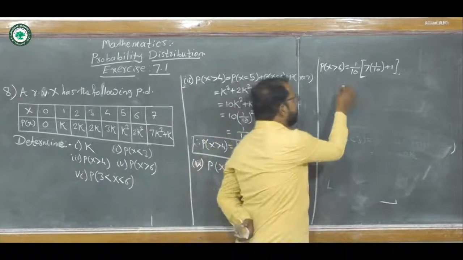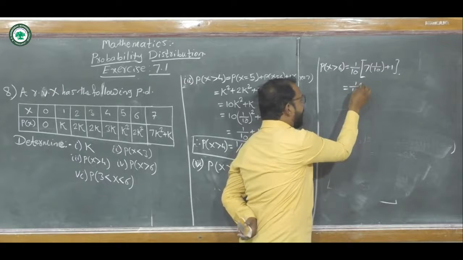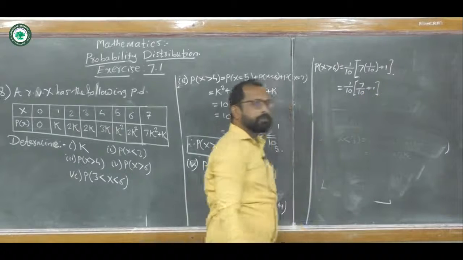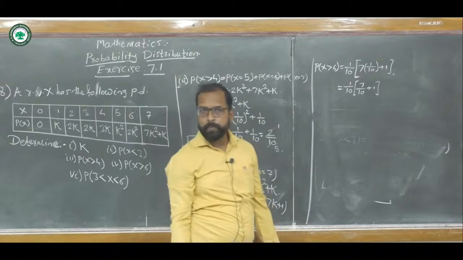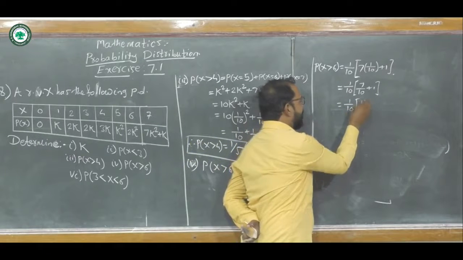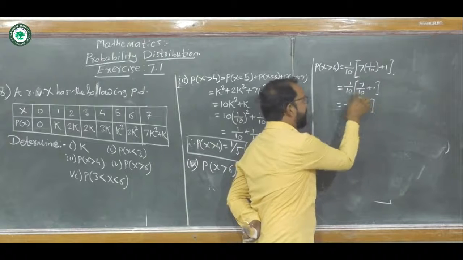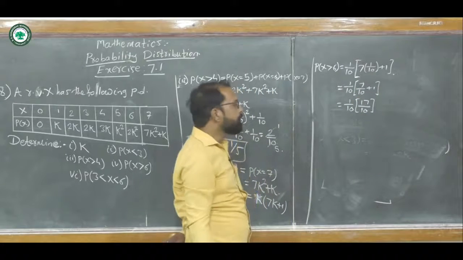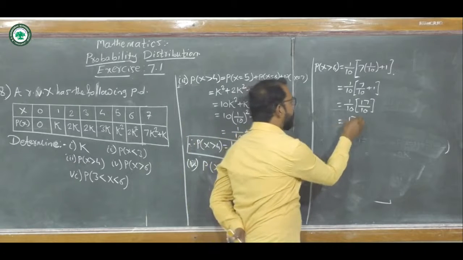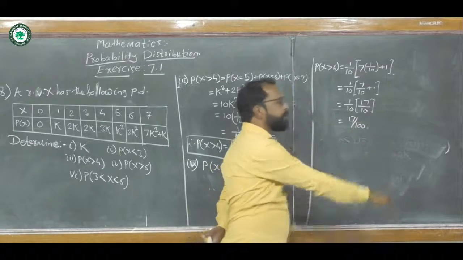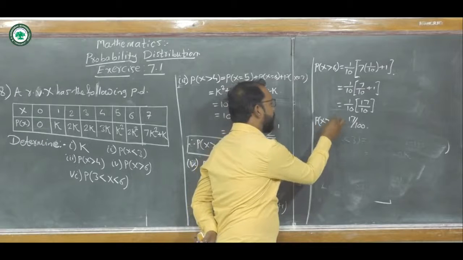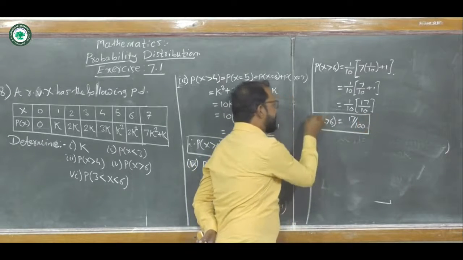Now this becomes 1 upon 10 into the bracket 7 by 10 plus 1. And so it becomes 1 by 10 into 17 by 10 by taking cross multiplication. Finally it becomes 17 upon 100. This is the value for the probability that x is greater than 6.